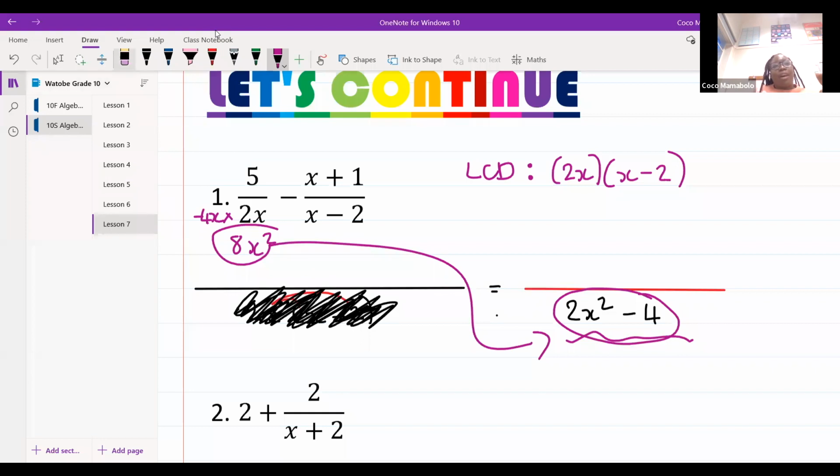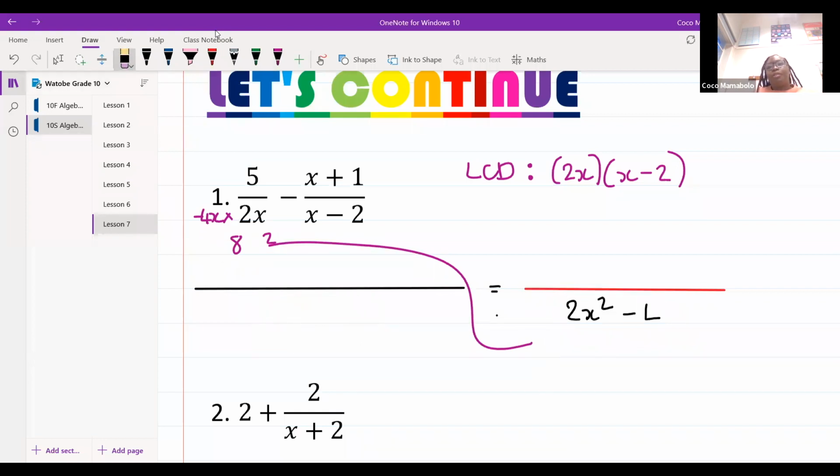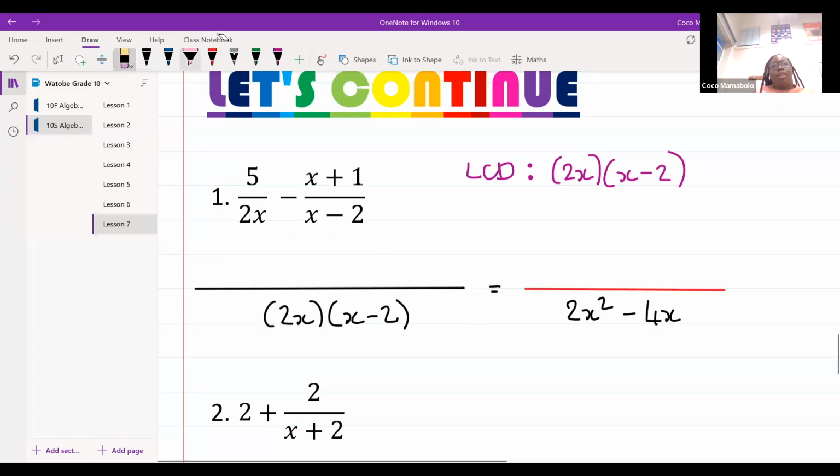However, if I leave my denominator looking like this, have a look over here, guys. I've got this denominator, and over here, I've got this one. What's missing to get from here to there? What's missing in between the two of them?